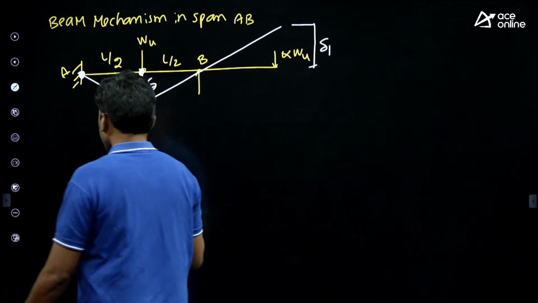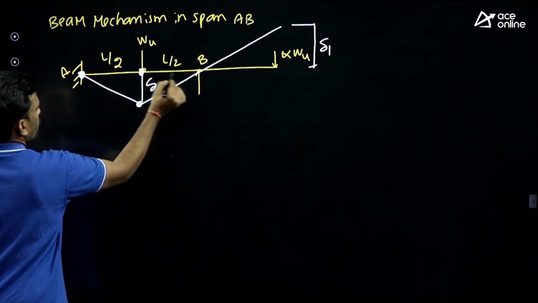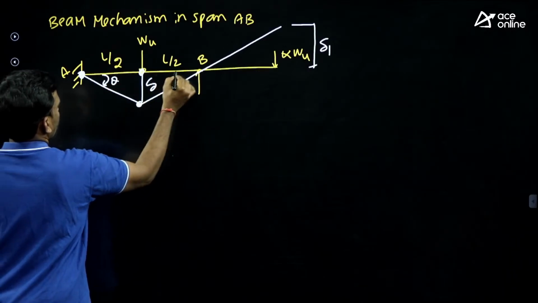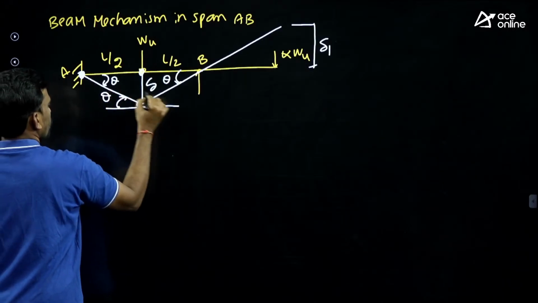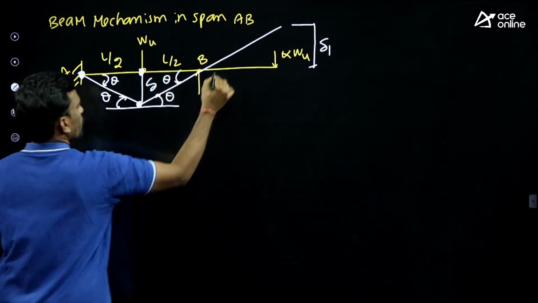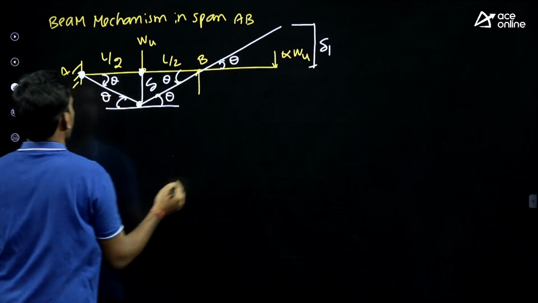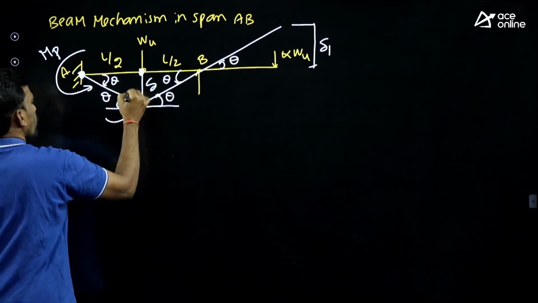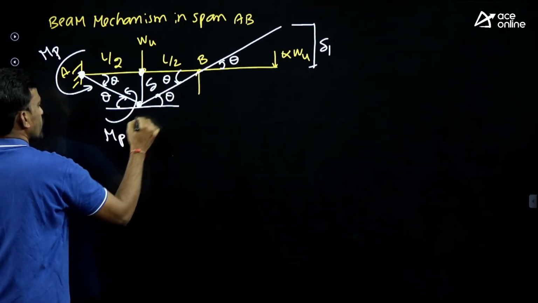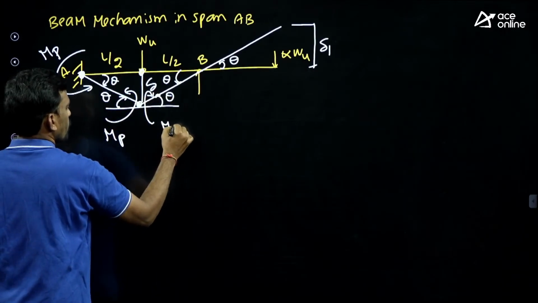Okay. So what is external work done? Anyway, this is theta, theta, and this is theta, and this is also theta. So mark the direction of plastic moment opposite to the rotation where there are plastic hinges, right?